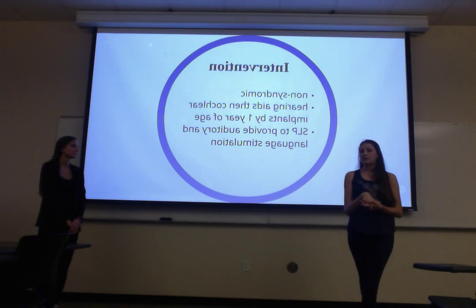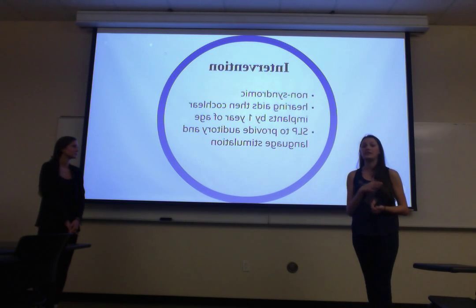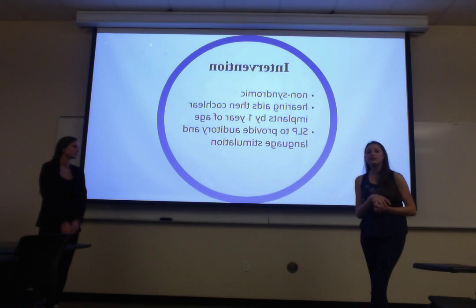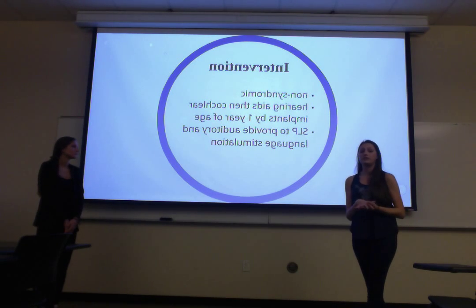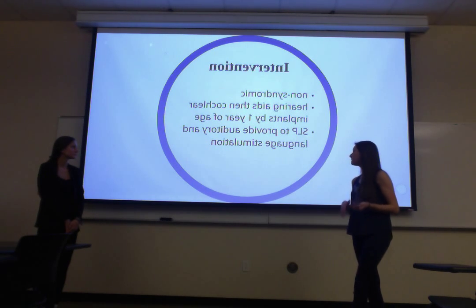So the intervention for Lily, it was a non-syndromic hearing loss, which means there were no other problems with her when she was born. Hearing loss was the only problem she had. So they did give her hearing aids initially, and they did follow-up testing to make sure she was a good candidate for cochlear implants. And by the time she was a year old, she did receive the cochlear implants.